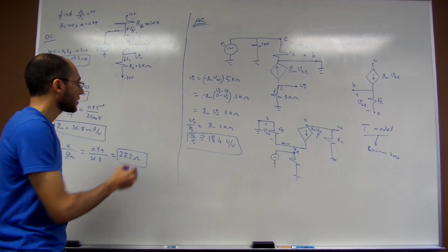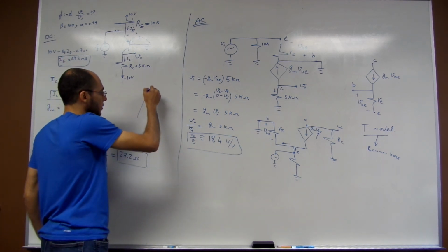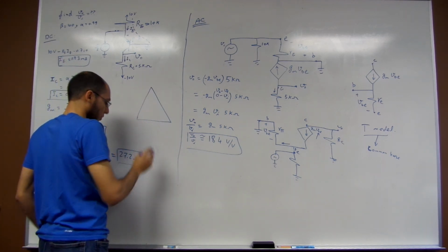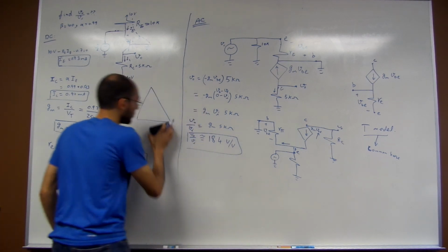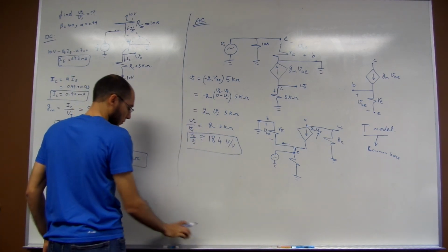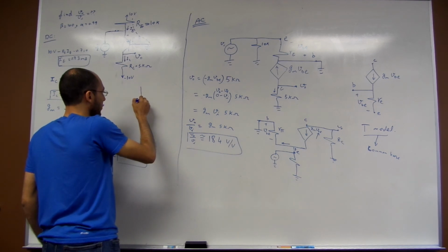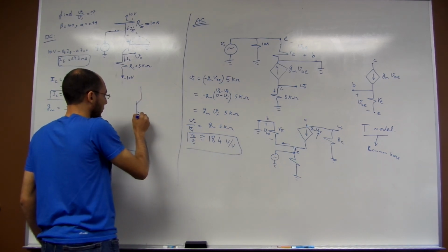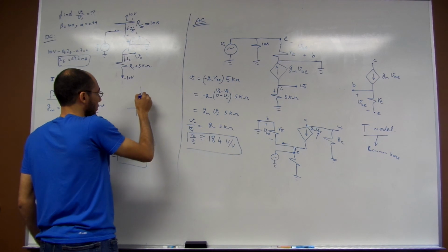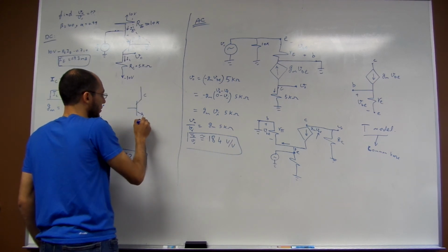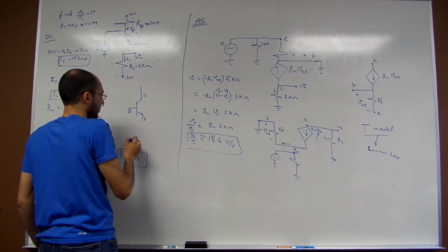So, the last thing that I want to tell you is the following triangle that I always find. Usually what we have is something like that. That is the collector, that is the emitter, and that is the base.